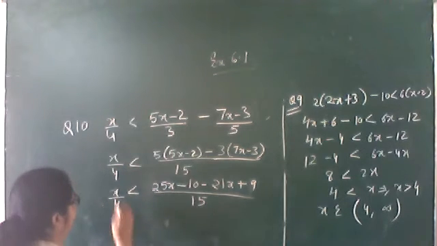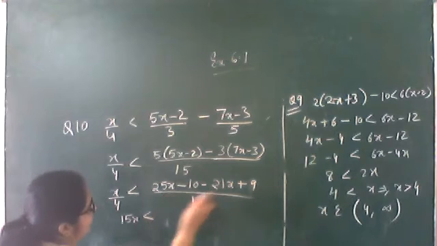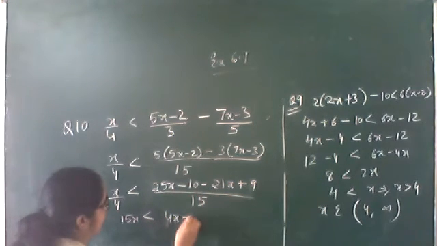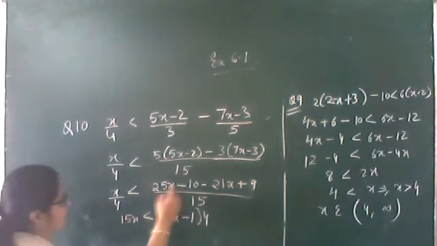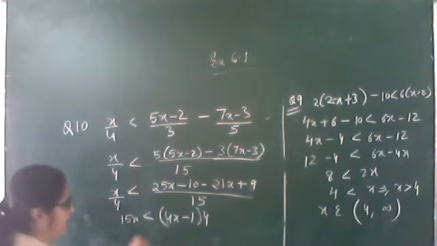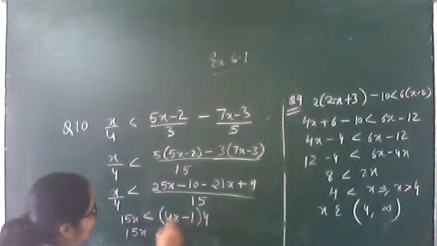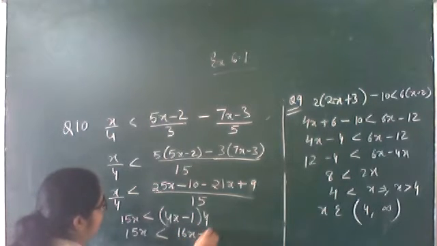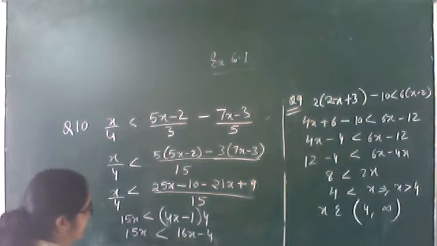So what you will have? 15x is less than 25x minus 21x is 4x, minus 10 plus 9 is minus 1, multiplied by 4. This 4 will go there, 15 will come here. Now 15x is less than 4 times 4x is 16x, 4 into 1 is minus 4. Clear? 15x is less than 16x minus 4.